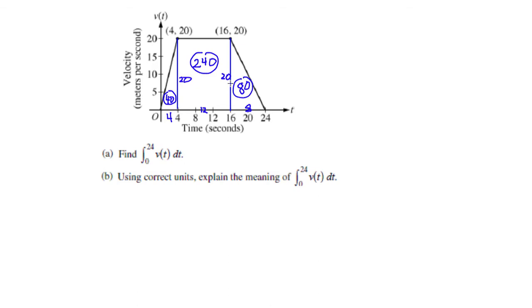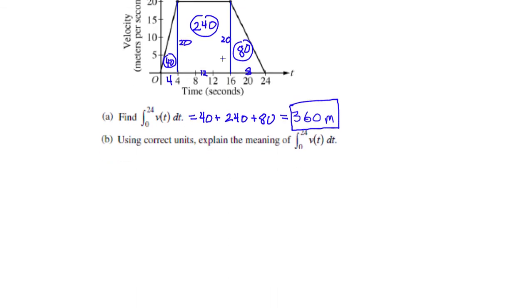Okay, we found the area of all of those. Just add them up. So this is going to be equal to 40 plus 240 plus 80, and we get 360. Always remember units in this case. So the integral of velocity is position. Position is just meters. M for meters. And box it. Make my box a little bit bigger.